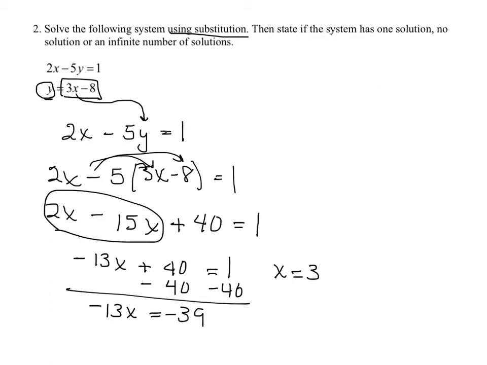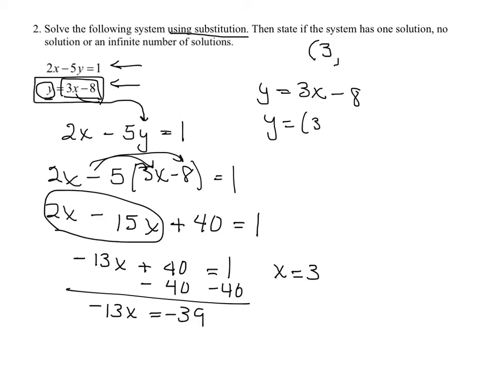Now we know that the x value of the point where these two lines meet is 3. Now we just have to find the y value. We do that by going up to one of the two equations. It really doesn't matter which one, but this second equation is very conveniently solved for y, so we're going to use that one. So y is equal to 3 times 3, which is what we got for x, take away 8. 9 take away 8, so y is 1.